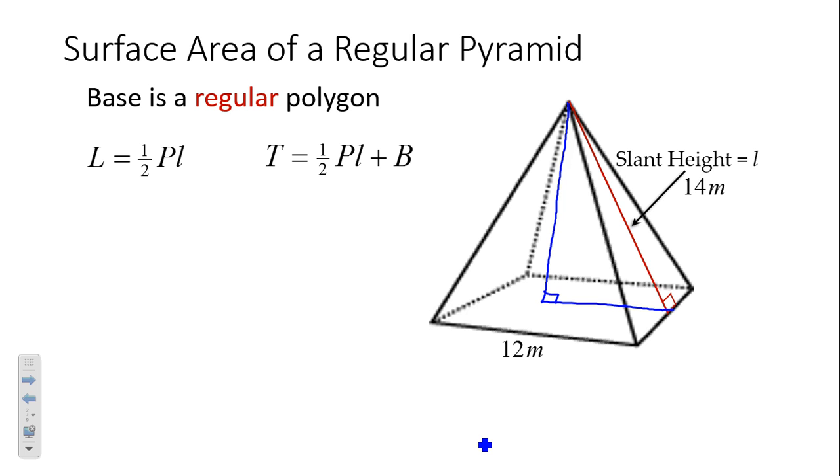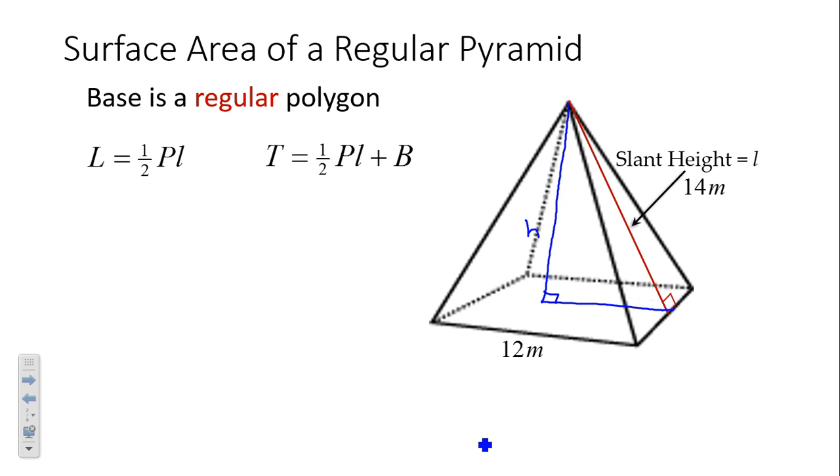It's actually the slant height. It's not perpendicular to the base at the center of the base. It's perpendicular to one of the base's edges. So it's one of the slant heights. If you were sliding down the pyramid, that's where you would be.